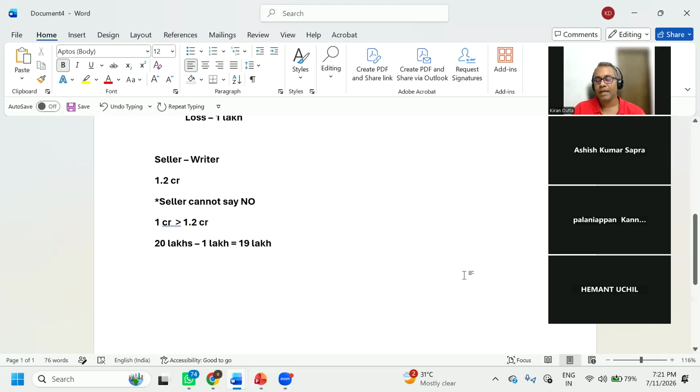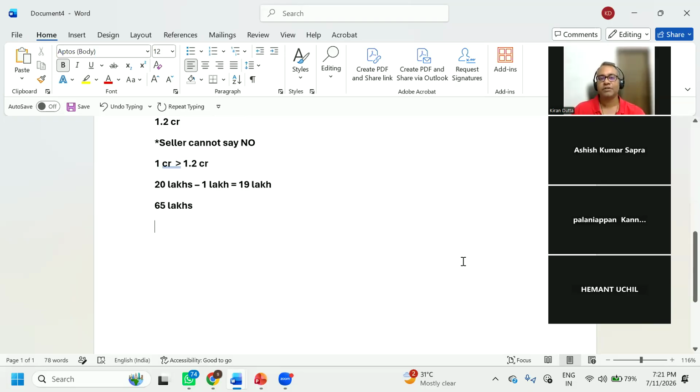But in case the price is actually falling to say 65 lakhs, but the buyer is like, you know what? I don't care. I wanted to buy this because I believe the property will appreciate. ये तो बड़ा अच्छा जगह है. I'm going to buy this property.